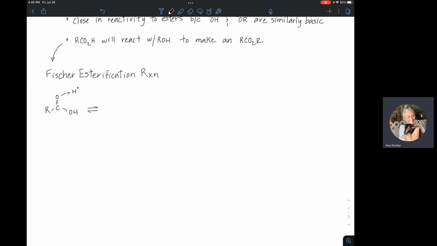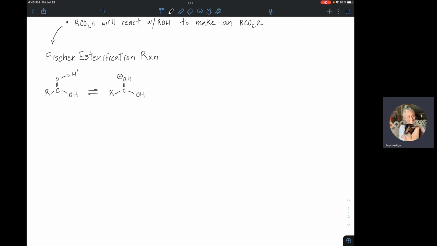You're going to encourage that carbon to be attacked by the nucleophile, so we protonate the oxygen of the carbonyl, making the carbon hotter for nucleophilic attack. The nucleophile is going to be neutral. It's an alcohol, so it's not a negatively charged nucleophile. I'll just use methanol to keep it simple. So this is going to come in and attack the carbon.